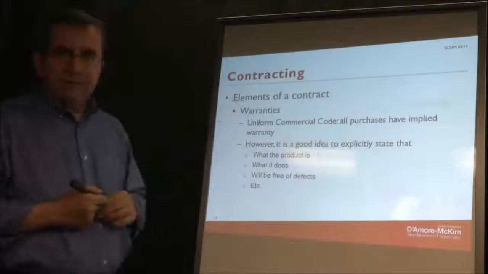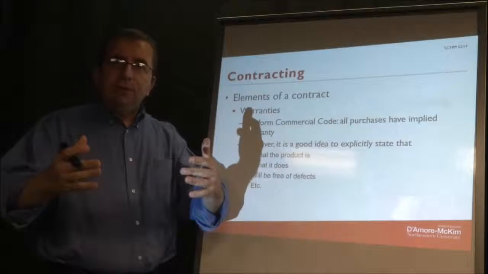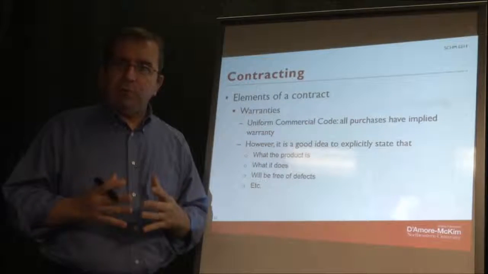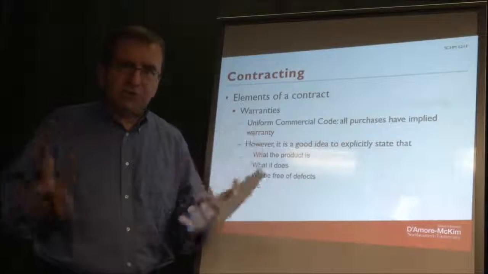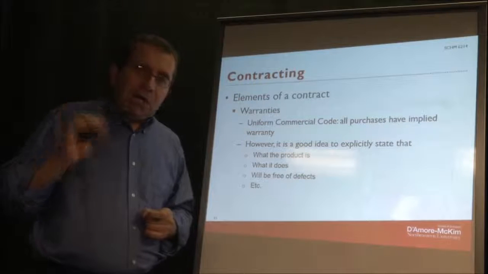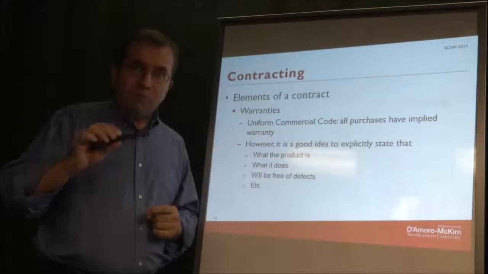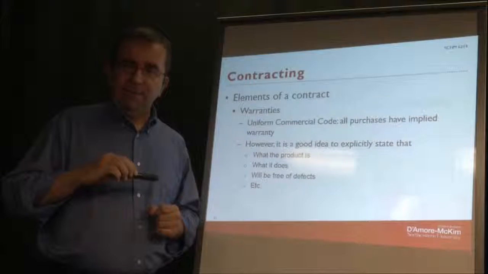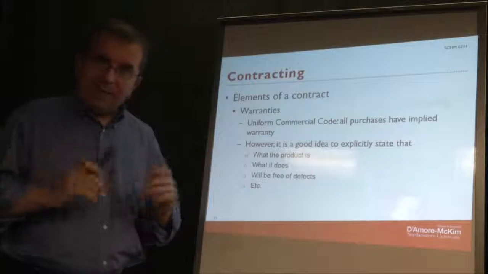Now warranties. So your seller provides you a product and you buy a product, service, technology, process, whatever from your supplier. Now, are there any guarantees, warranties implied with this purchase? Okay, there may or may not be.